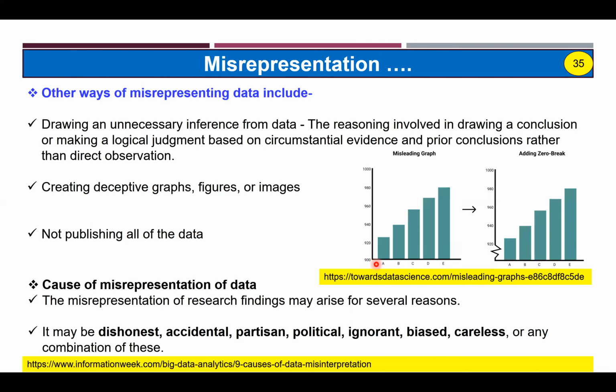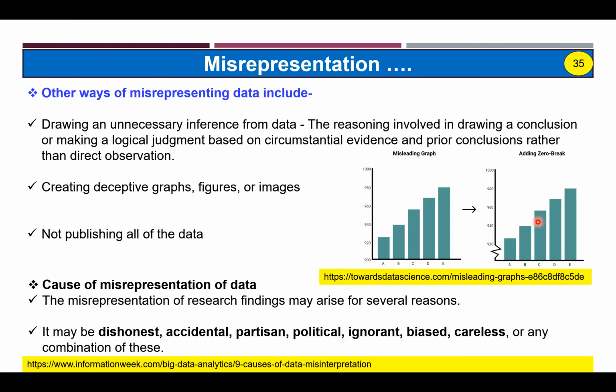What is the base point? If you added 0 with a break, the graph would look very lengthy, and that's why you cut it down, starting from here. But instead of doing that, there is a way to cut this down and put it at 0. That means your data points actually start from 0, and that's the more appropriate representation rather than this kind of presentation. So this is a misleading graph, and this is the proper graph you should be drawing.